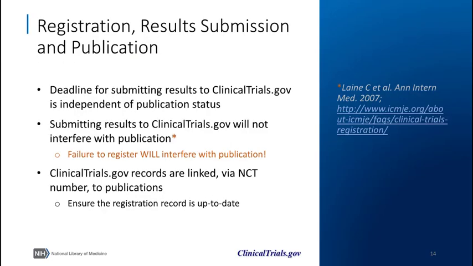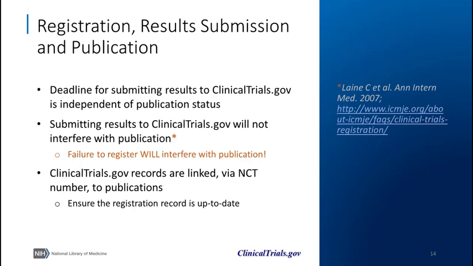For the purposes of adhering to the requirements of the law, the deadline for submitting results to ClinicalTrials.gov is independent of publication status. Submitting results to ClinicalTrials.gov is not considered prior publication and will not interfere with publication of results in a journal. However, failure to register the trial will interfere with publication, as it is in direct conflict with the policy outlined by the ICMJE.